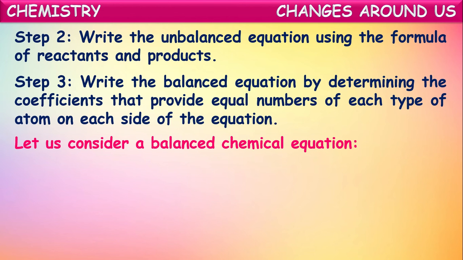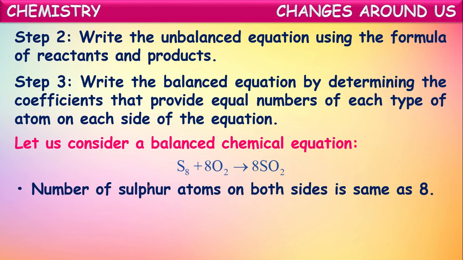Let us consider one balanced equation. See here, sulfur reacting with oxygen to form sulfur dioxide. This is one chemical reaction. So this equation is represented with the balancing. Observe once the number of atoms of sulfur on both the sides. Number of sulfur atoms on the left hand side is 8. And what about on the right hand side?